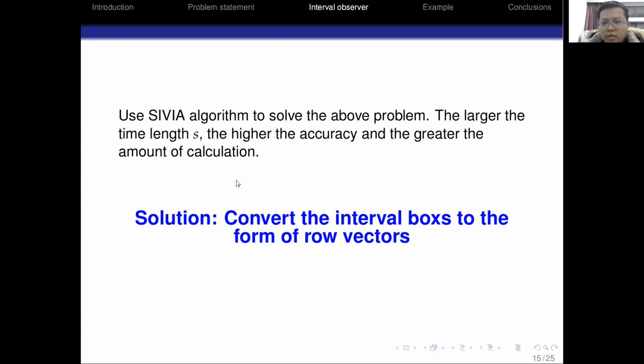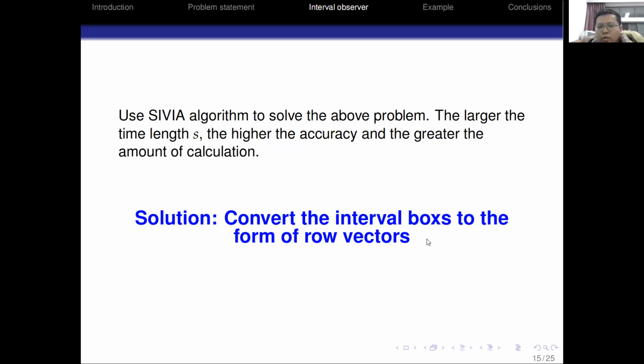If we use a SIVIA algorithm to solve the above problem, we find that the larger the time length s, the higher the accuracy, but also the greater the amount of calculation. In this talk, we want to find a new way to convert the interval box to the form of row vectors.